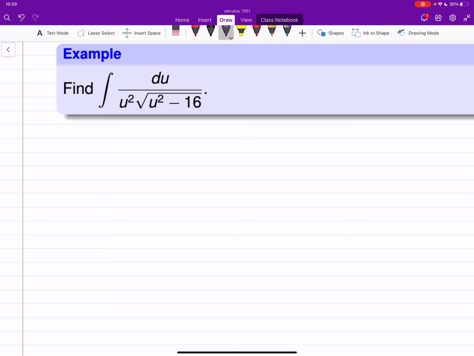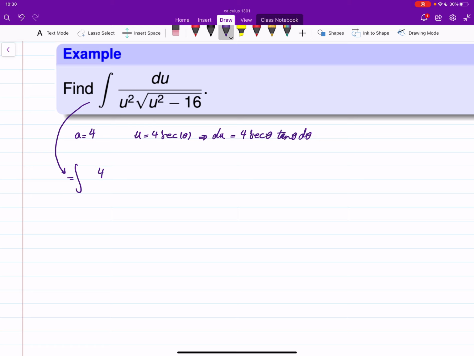Here I have a equal to 4, then set u to be 4 secant theta. From there, you see that du is 4 secant theta tan theta d theta, and our integral I can turn to a theta integral.